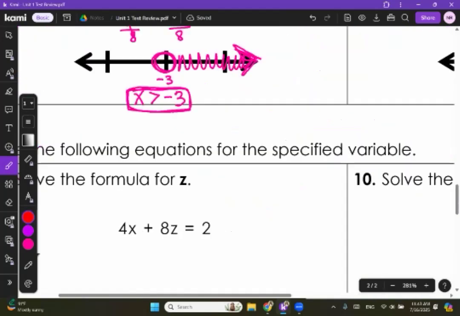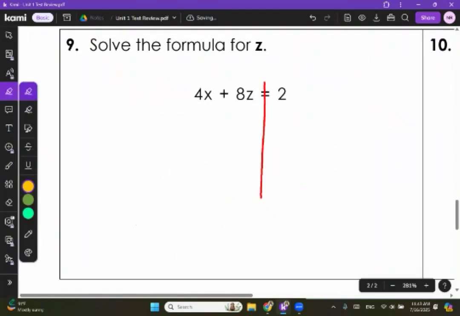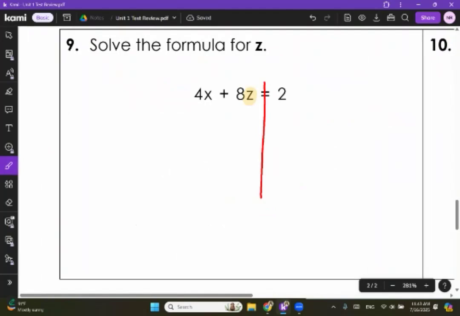Next, number 9, almost there. Solve the formula for z. If you see it on the review, it's going to be on the test. This is the way you're going to see your literal equation on the test. Okay, so z is over here. You want to get rid of this constant, quote unquote.